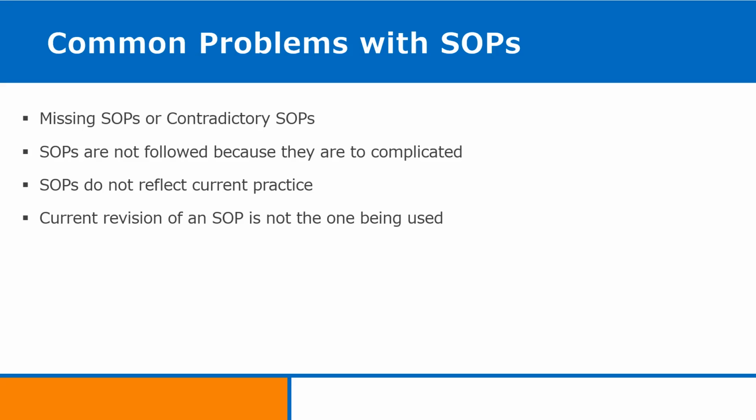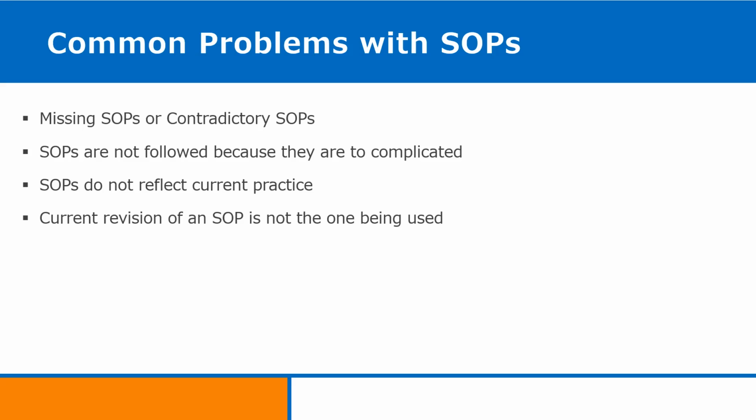The other problem is that people don't follow it because it's too complicated. That's what Katie was saying: we try to have other people who don't do this work and don't know this chemical give feedback, like, I don't understand what you're saying here. In that case, we add a picture or something for clarification. Then there's not reflecting current practice: you decided this is not what you're going to do, but it's still in writing, and that's what you say you're doing.